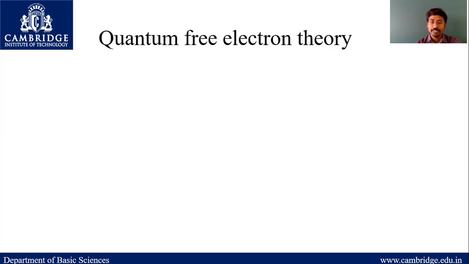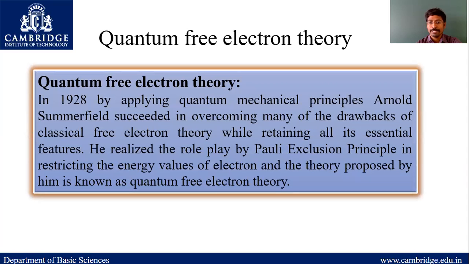The quantum free electron theory was given by Arnold Sommerfeld in the year 1928. Arnold Sommerfeld succeeded in overcoming the drawbacks we get in the classical free electron theory. Hence the name, quantum free electron theory.